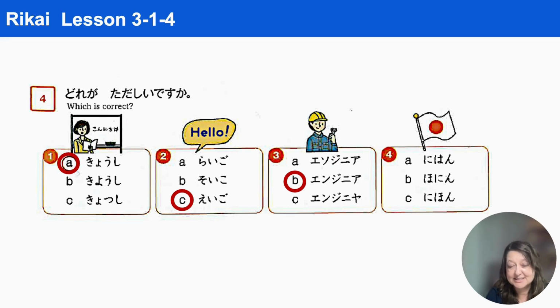Which is correct? 日本、本人、日本。どれが正しいですか? 日本、日本。は and ほ can look very similar. Make sure you remember which is which.